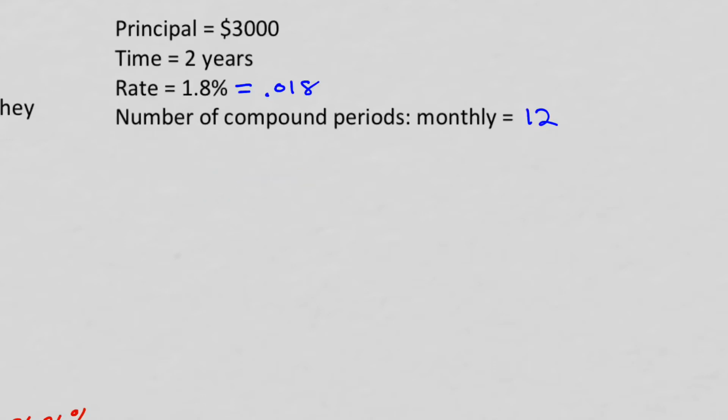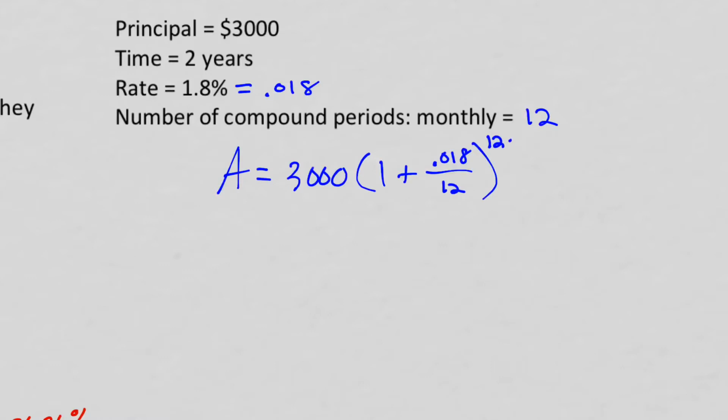So this is going to be A equals 3,000 times 1 plus 0.018, the rate, divided by 12, raised to the 12 times 2 years.